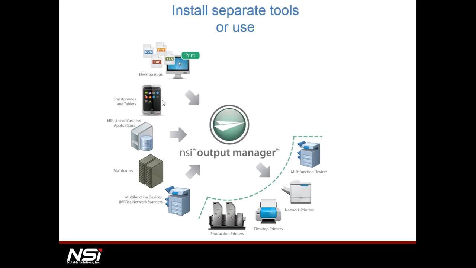But also line of business applications, typically like SAP, and of course all the mainframe and host connectivity. All of that data we can get into Output Manager, and we can use Output Manager to distribute and deliver the information to any kind of device, whether it's a production printer, a small desktop or an MFD, and it does not matter which brand it is either.